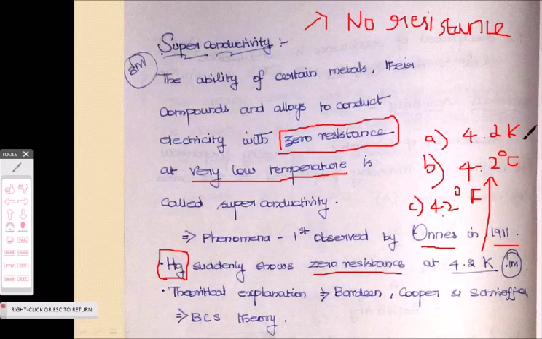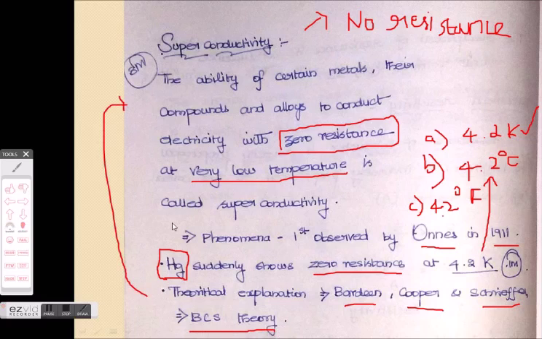You have to tick the answer 4.2 Kelvin. Theoretical explanation: Bardeen, Cooper and Schrieffer. This is called BCS theory. They theoretically explained what is superconductivity.